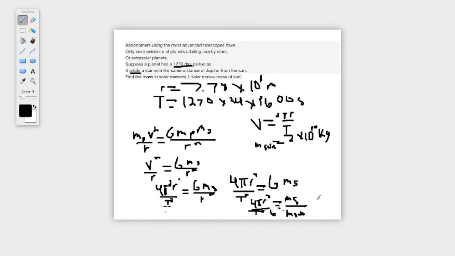So when you calculate everything correctly, it should be around 11.6 solar masses. I'll just say SM.